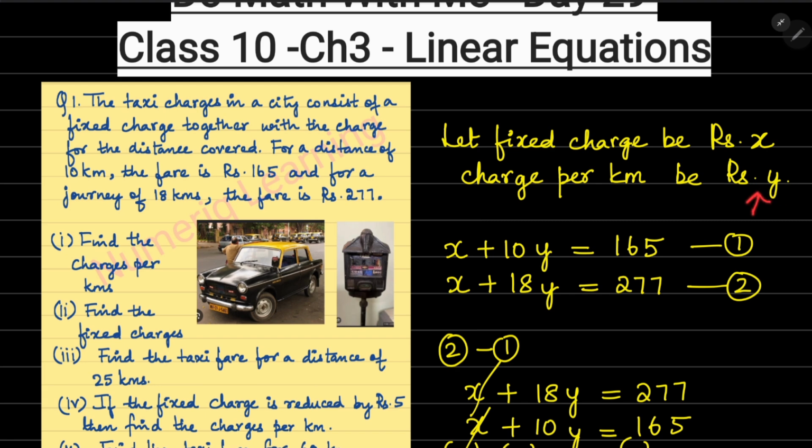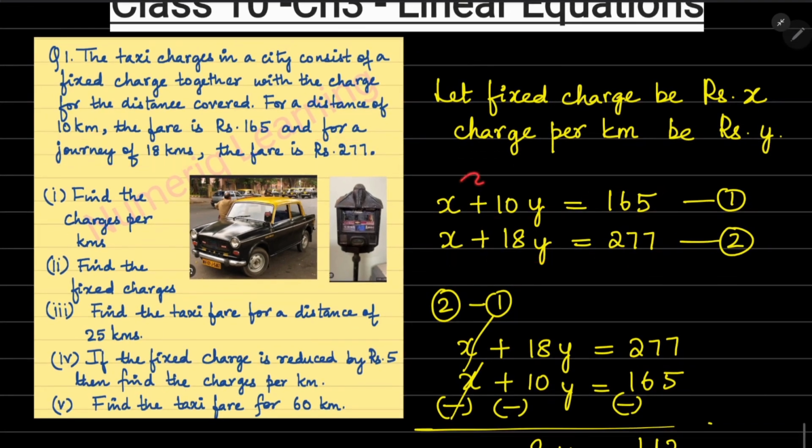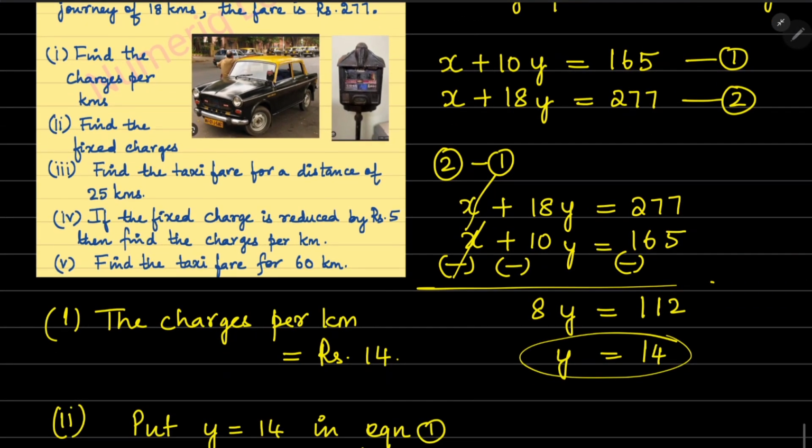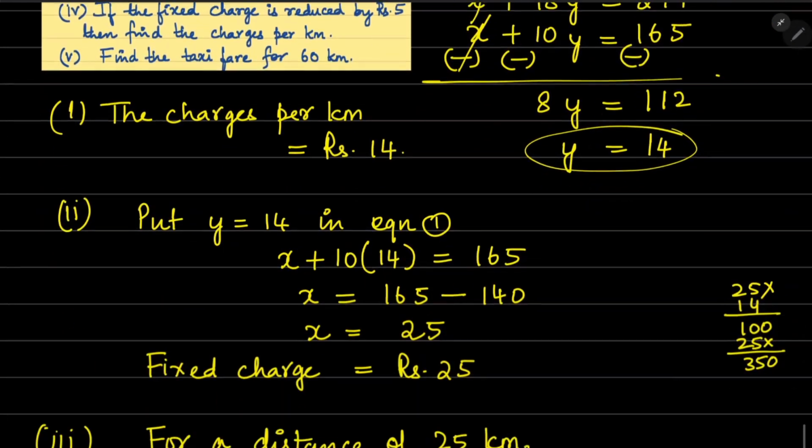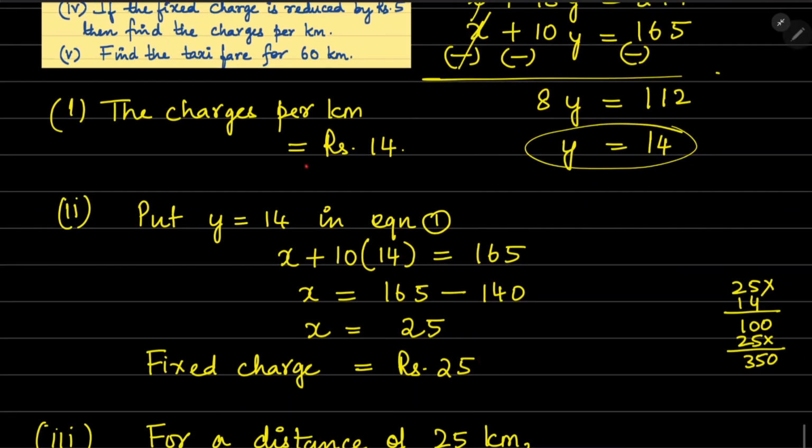So charge per kilometer will be rupees y. You are given the fixed charge plus the charges for 10 km is equal to 165, and then you are also given the fixed charge plus the charges for 18 km is equal to 277. Solve for x and y. See, x is your fixed charge, y is your variable charge, that is charge per kilometer.